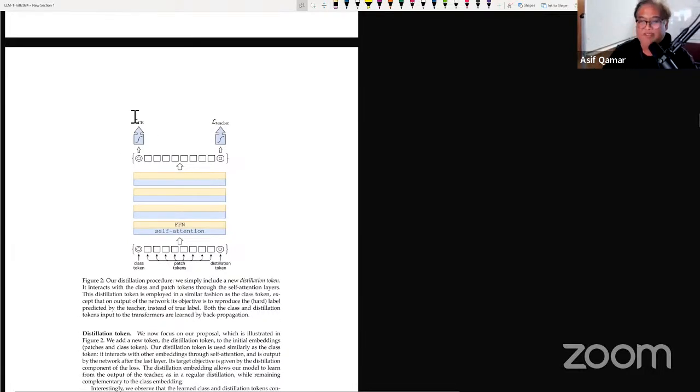If you remember the ViT, BERT always takes a class token in the beginning, right? Then they had the patch. So here are your 16 by 16 patch tokens. But notice that they have suffixed, again, a placeholder token called the distillation token. What in the world is that? We'll figure it out.